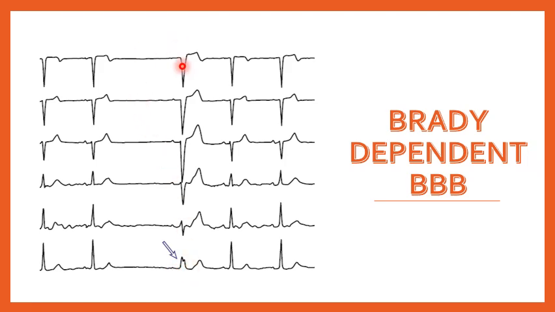So we're looking across the chest leads and we see a big M, right? V1, V2, V3, V4, V5, V6, big tall M. So this is a Brady-dependent left bundle branch block. And it's just intermittent because notice this patient goes right back to their normal width QRS complex after the bundle regenerates, if you will.